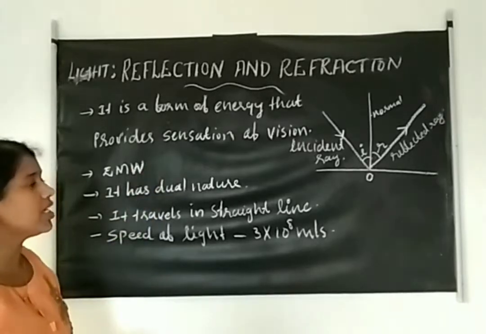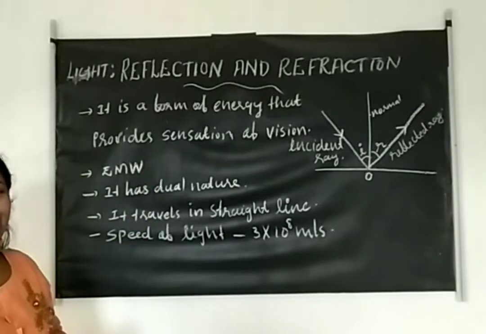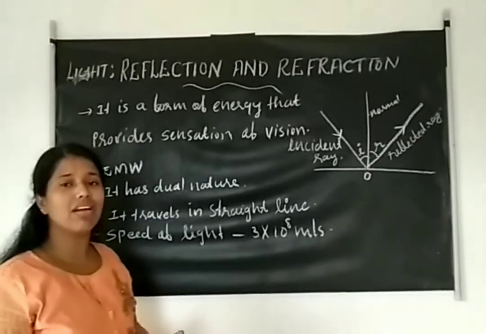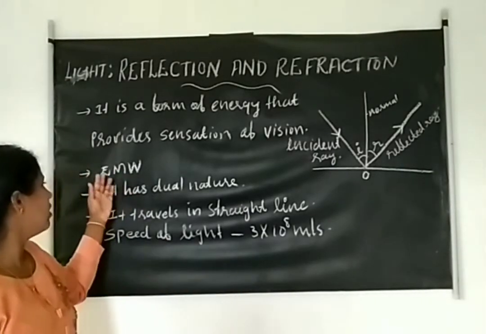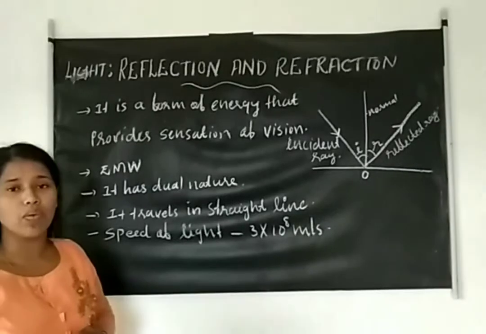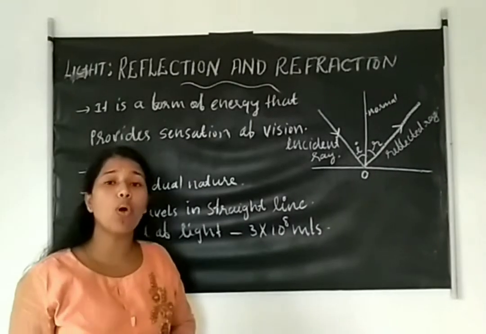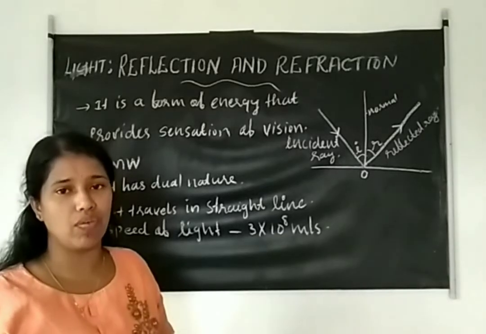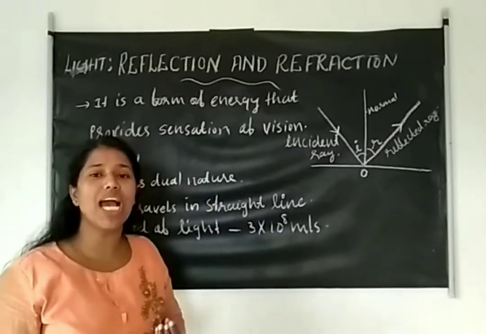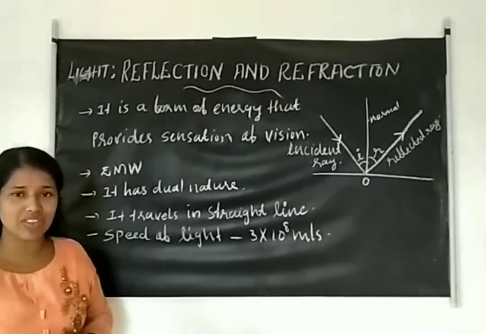What are the properties of light? We already studied these topics in 8th class and 9th class. First one is EMW, electromagnetic wave. Light is an electromagnetic wave. What is the speciality of electromagnetic waves?